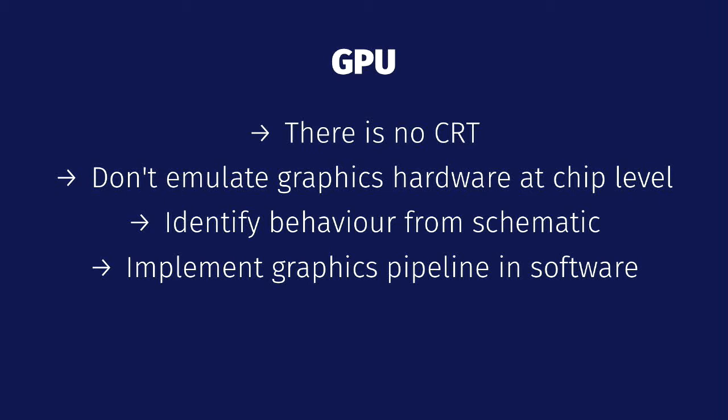The GPU on the original arcade hardware is heavily designed around the CRT timing, but since there's no CRT in the emulator, there's no need to emulate the GPU down to the chip level. The real GPU is concerned mostly, as I said, with the position of the electron beam, and it's heavily optimized around that.